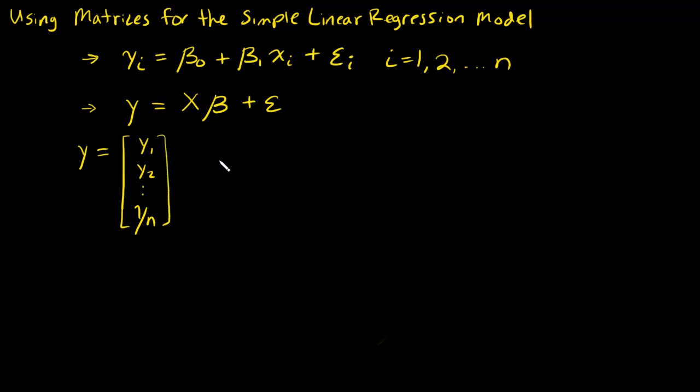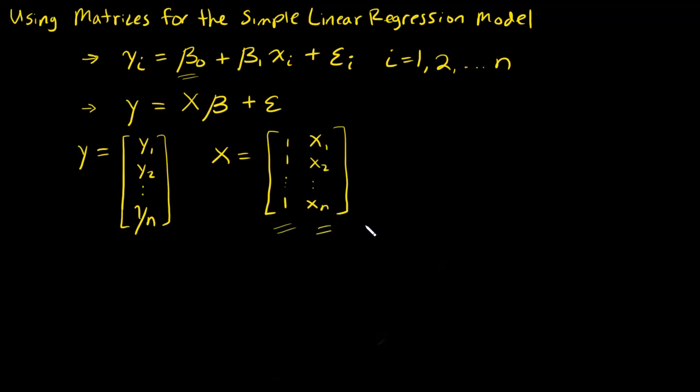X is sometimes called the design matrix. First we have ones, and these ones are for the intercept term, and then we have our x1, x2, etc. to xn. So for simple linear regression, all you have is the column of ones and the column of x's.